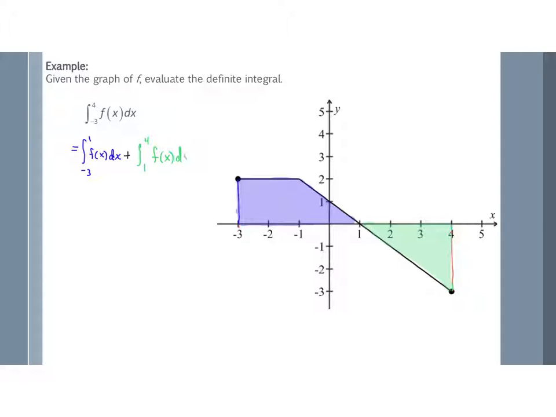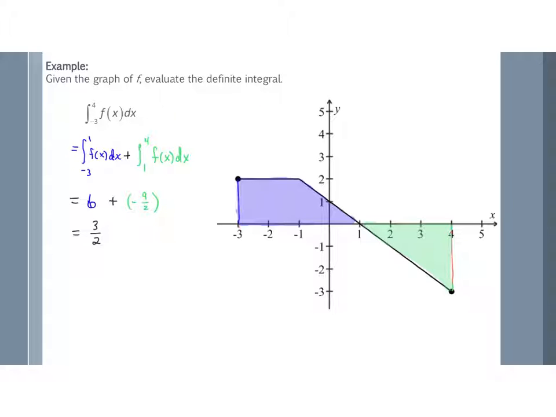Now I'm not going to go through and do all that again because I know from the previous examples that this first definite integral is 6, and then the second definite integral is negative 9/2. So if we put it together, we obtain 3/2.